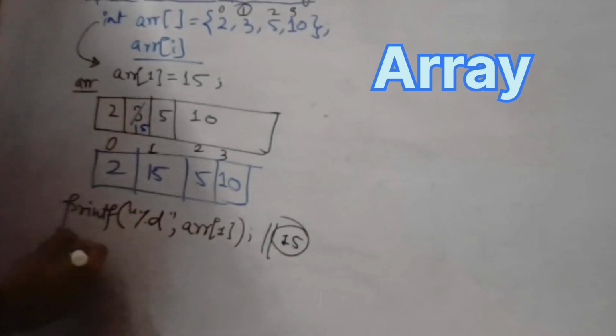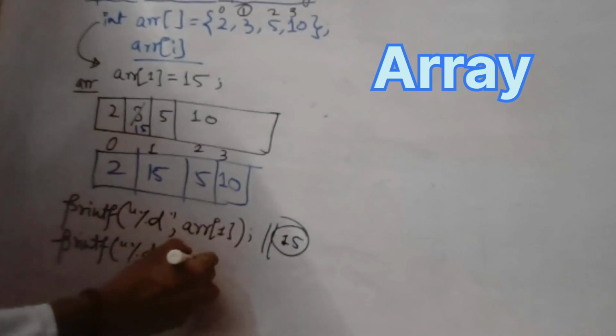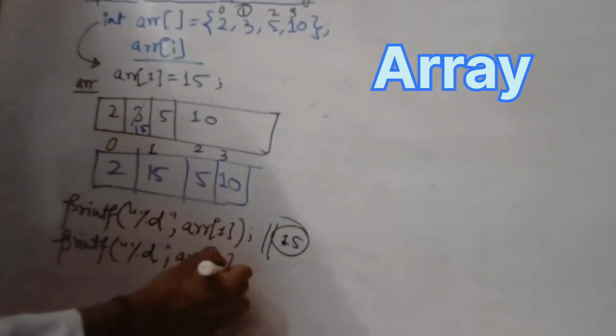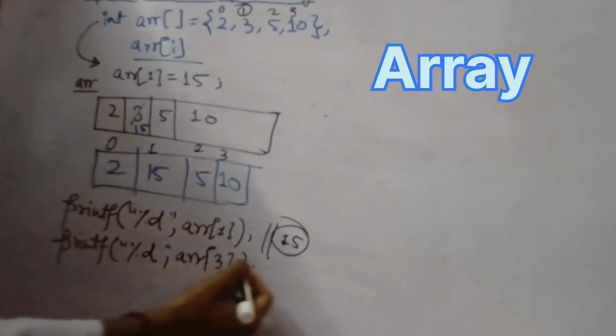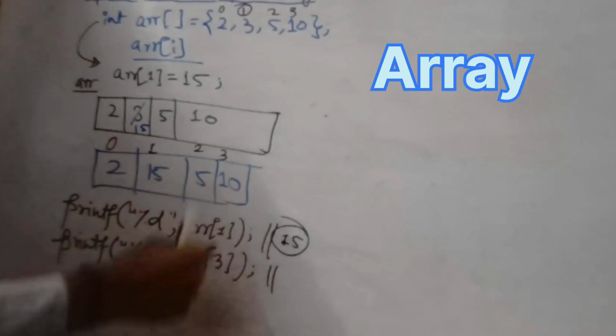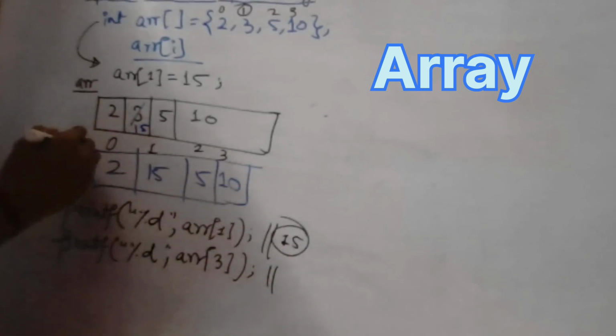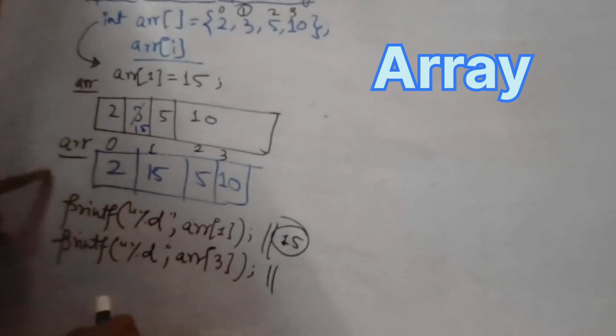But if we print another value, let's say array of 3, what will you get here? You will get the value 10, because in this newly updated array, the array name is the same, but it is updated.